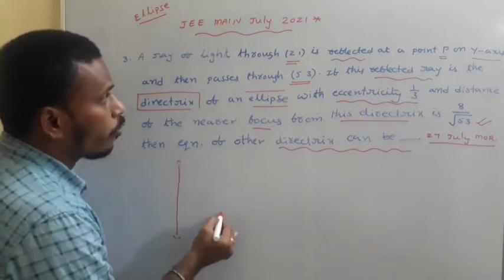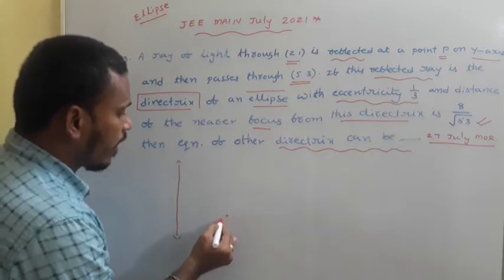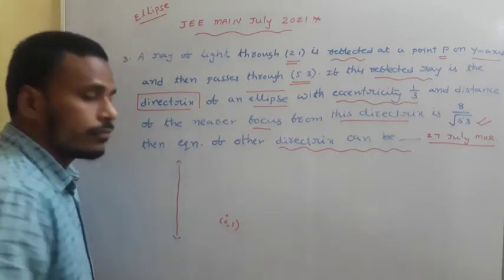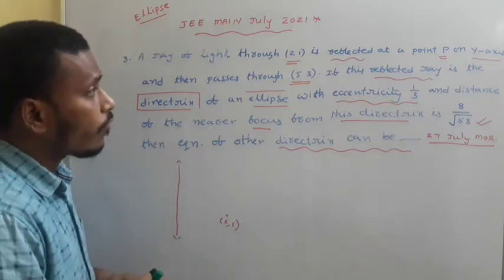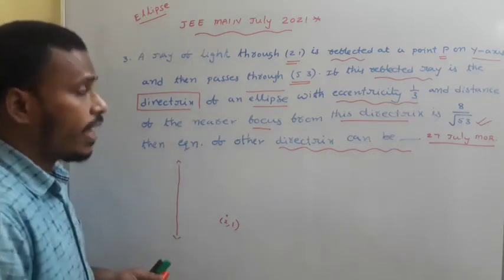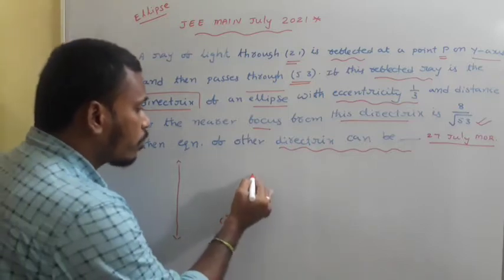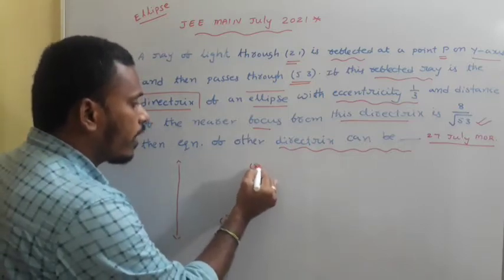Somewhere, locate the point (2, 1). Then a ray of light is reflected at a point P on the y-axis and passes through the point (5, 3). Take this point as (5, 3).